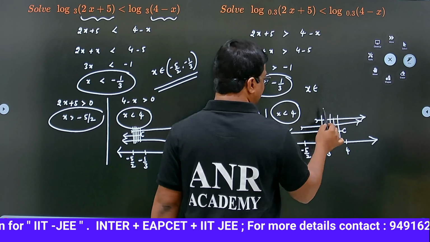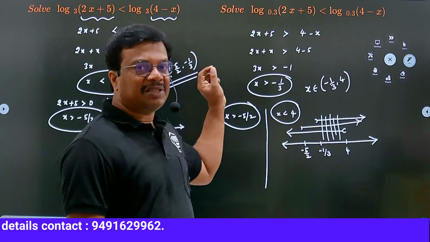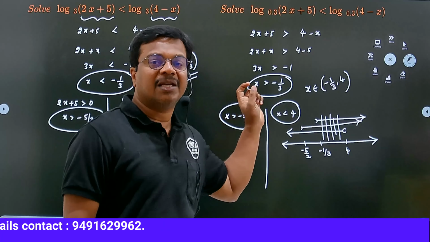These are the solutions for these two questions, and one is with base more than 1 and the other with base in between 0 to 1. So, students, by observing the base, you have to write the same inequality for base more than 1, and you have to write a different inequality when base value is between 0 to 1.